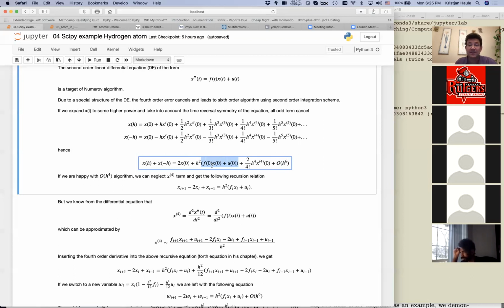Now, however, because I'm solving the Schrodinger equation, I know that x double prime of 0 is given by f of 0, x of 0, u of 0, because that's what this particular equation tells us. So I can insert this second derivative in here, and I have a nice expression for the relation between x of h, x of minus h, and x of 0.